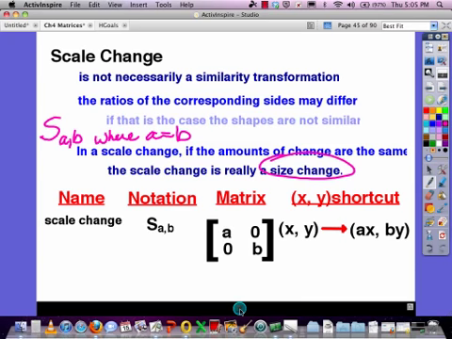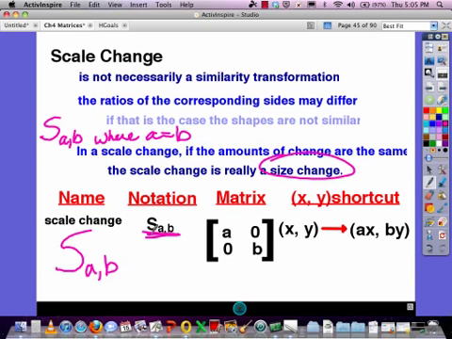Here are our shortcuts and names that we need to go through. We already said a scale change was the S sub A comma B, because you have to take into account both scales. And so the notation for the matrix is A, 0, 0, B. A affects the x's, B affects the y's.